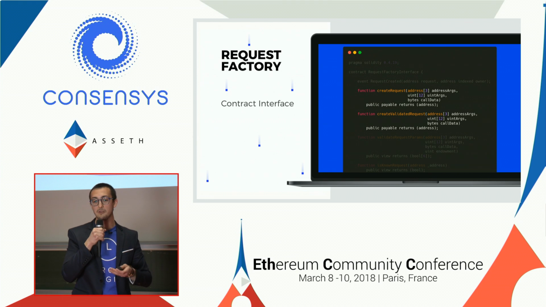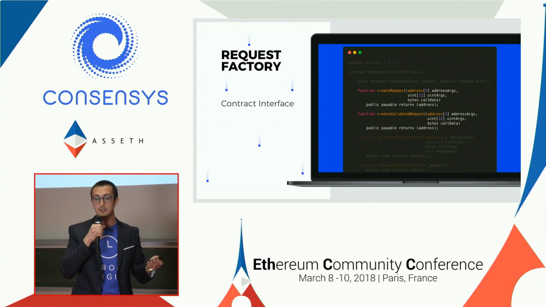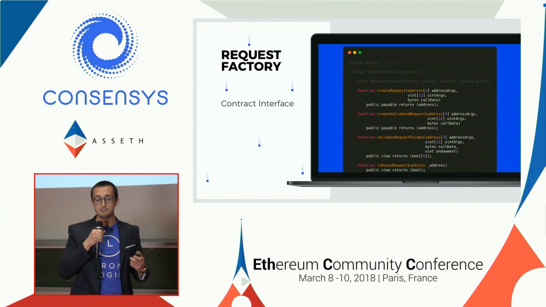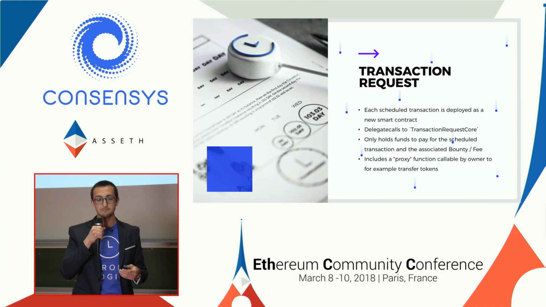If you use the lower level create request, no validation is done, so you might end up wasting gas if you input parameters that don't make sense. And then just functions to check to make sure that this factory is aware of transaction requests.